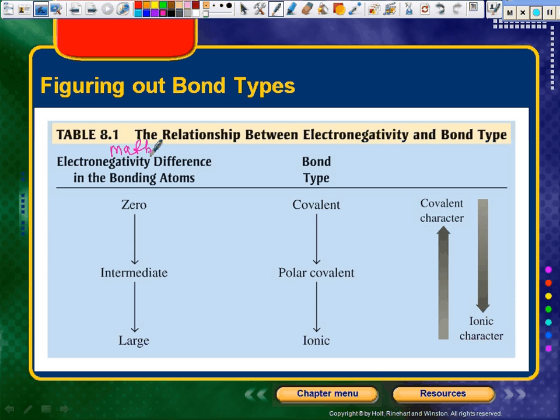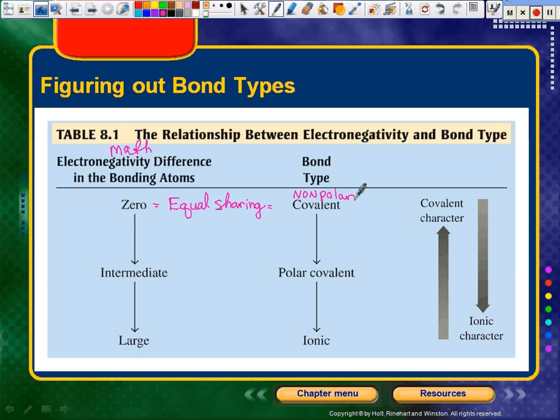Now, there actually needs to be one other word. If you have equal sharing, what kind of covalent was that? Nonpolar. Please write that above the word covalent. If it was equal sharing, and again, how are we getting this? Based on the difference in electronegativity.